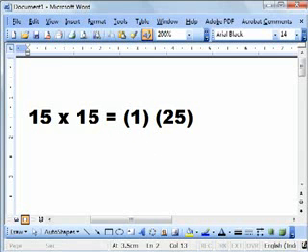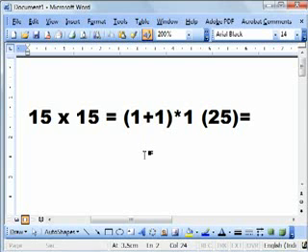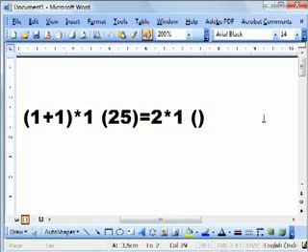This is our number 1, plus add 1, then multiply same with 1. So how much we got? That is 2 multiplied by 1, and the 25. So the answer is 225.